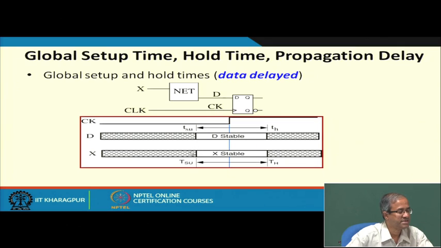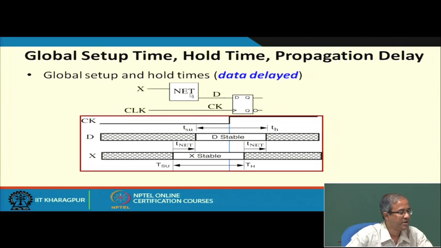This is the ideal case where T net is 0, but when there is a finite delay of the network, we need D to be stable T setup time before the clock, but because of the delay of this network my x has to be stable at least this much time before that, and it should remain stable at least up to this much, because after that the propagation delay will take care of it, that data will reach here after Th. Okay. So, this is the constraint that needs to be satisfied here.